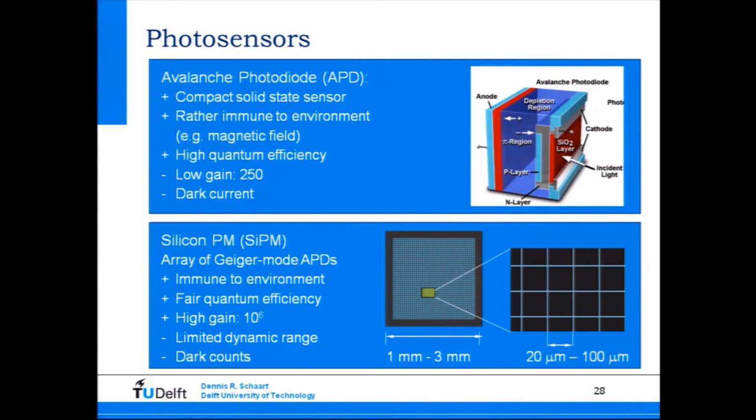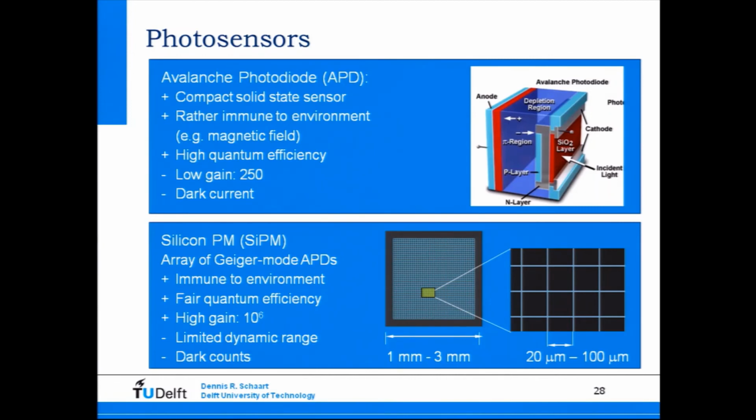Today we also rely more and more on semiconductor photosensors. One device is indicated here, that's the so-called avalanche photodiode. It has the important advantage that it is a very compact device. It's made out of silicon, maybe less than 0.5 millimeter thick, which also has the advantage that this actually is very transparent to the gamma rays, so you're not forced to put it at the back of the detector.